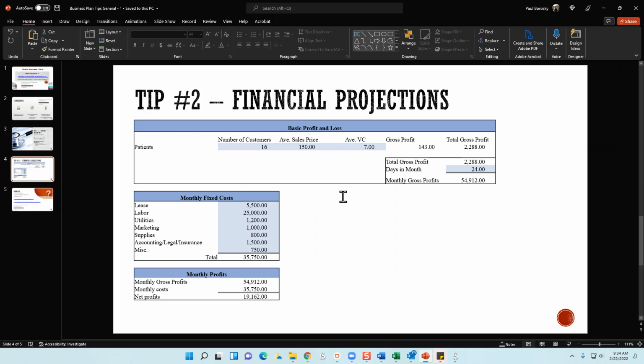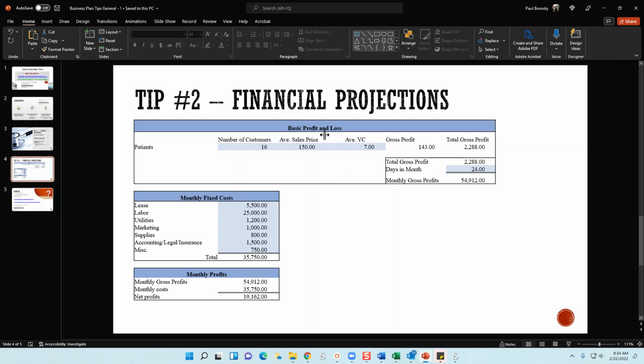However, this nice little short, sweet model that I've got right here as an example took me about 10 minutes to create. When you have this model, it's going to help you identify how many customers need to be serviced, as well as the average customer or patient charge, what it needs to be in order to achieve the profits, or at least a general range of your profits that you would like to attain.